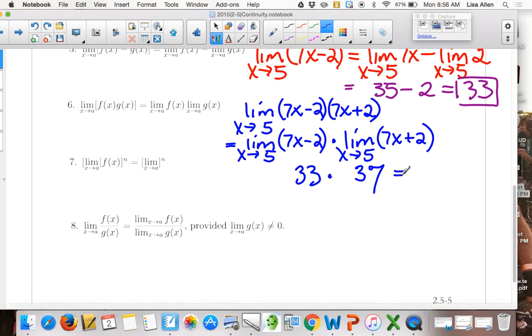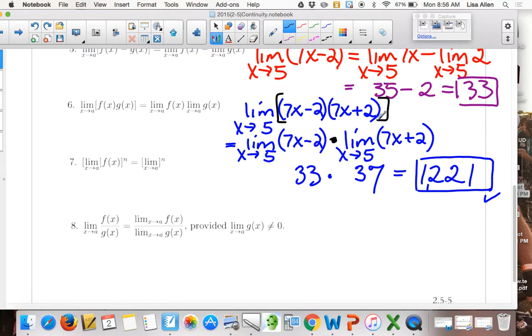Multiplying those together, we would get a product of 1,221. That should be right. Call me if I'm not right, or email me. The point is that you can take the limit of a product and split it up into the product of the limits.